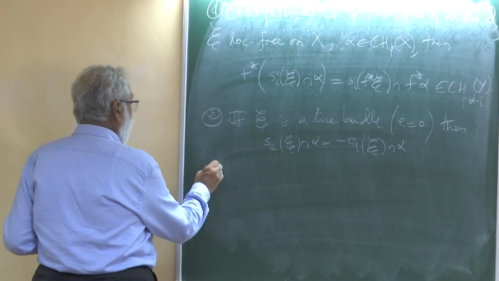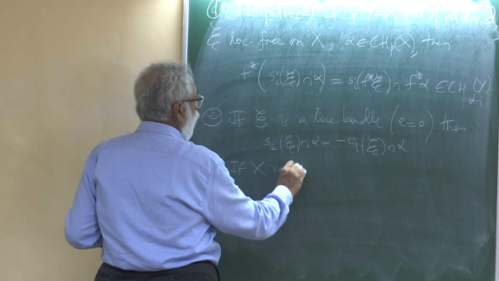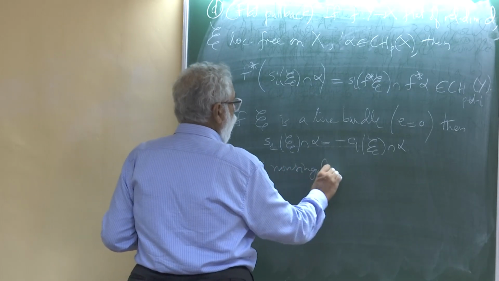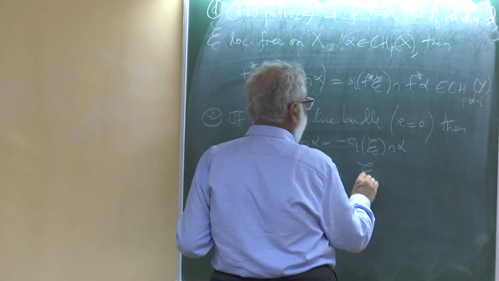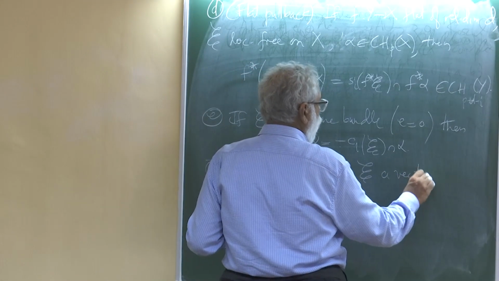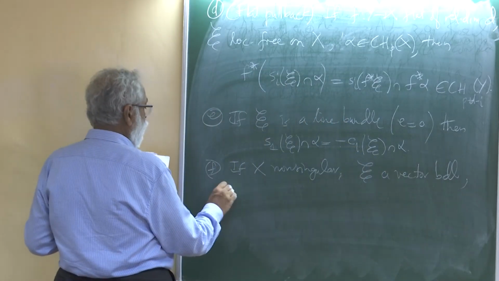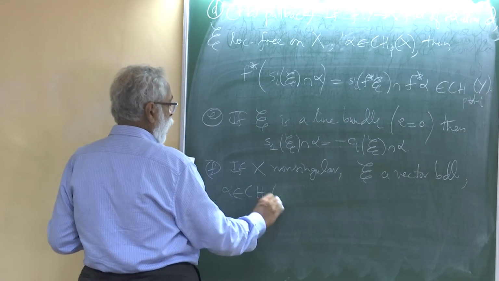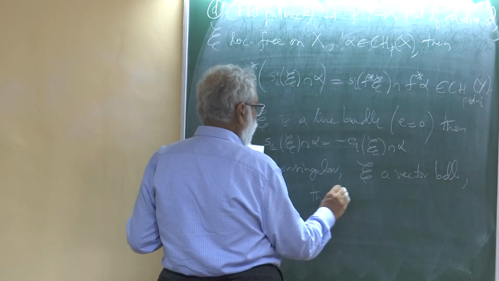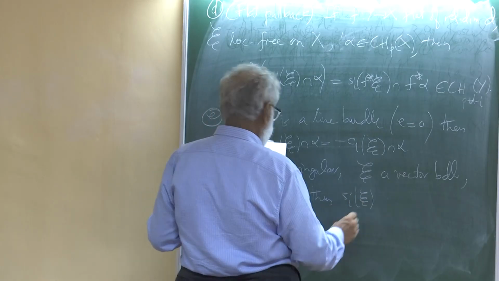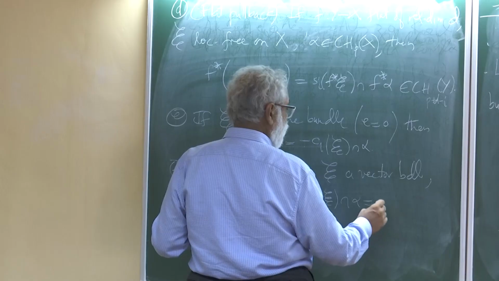Okay, so finally, just compatibility: if X is non-singular, E a vector bundle, and alpha in Chow of X, then S_i E cap alpha, I can think of it in this fashion.